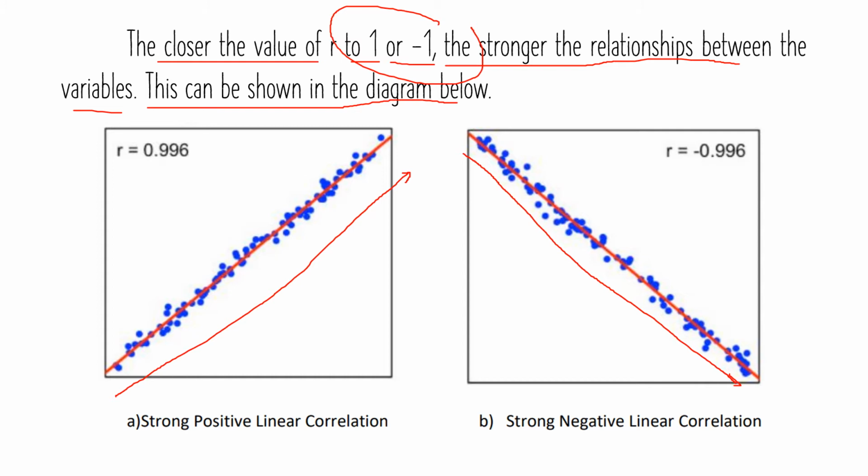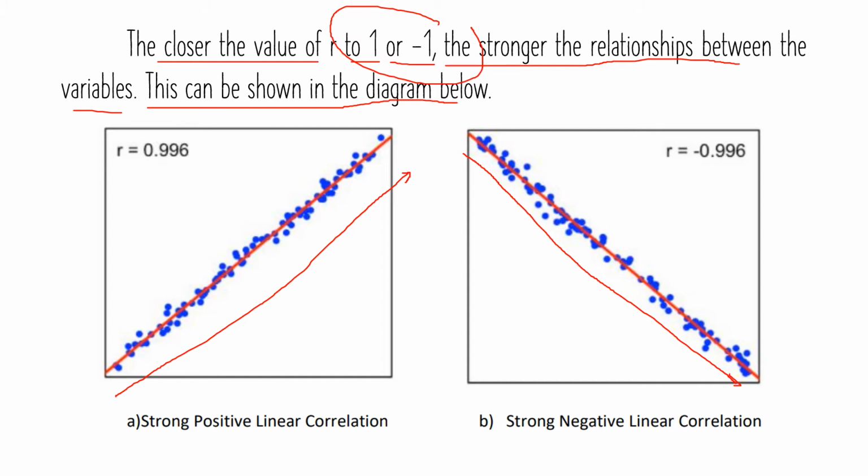So if your r is approximately equal to positive 1, the line that we use rises from left to right. This is 45 degrees from your x and 45 degrees on your y, and there is an equation of x equals y, meaning every point that falls on this line has the same horizontal and vertical distance from your x and y axis.